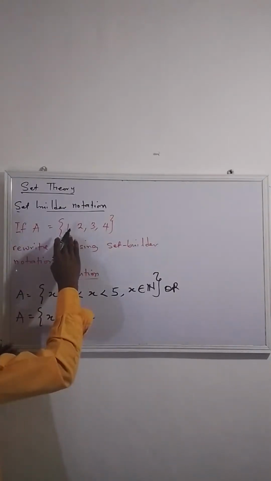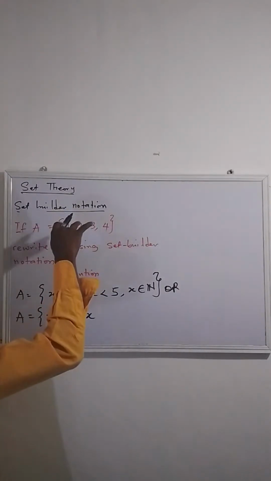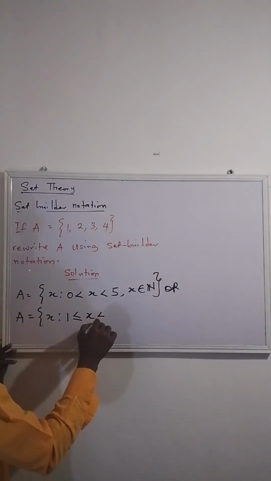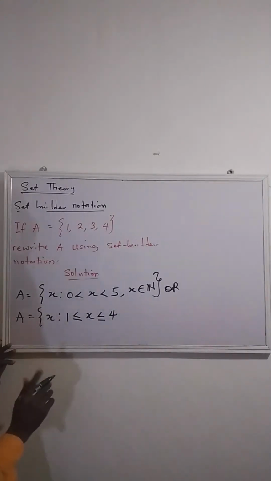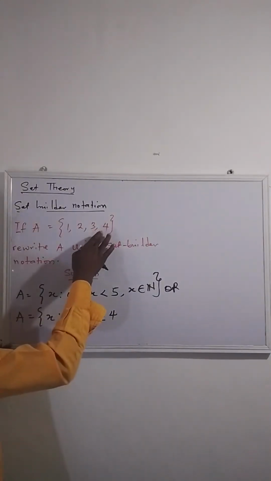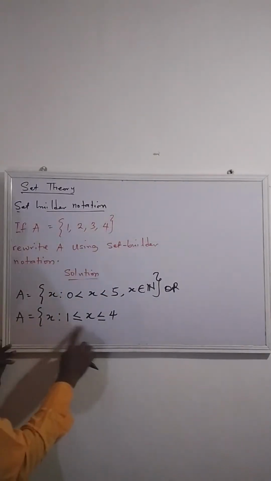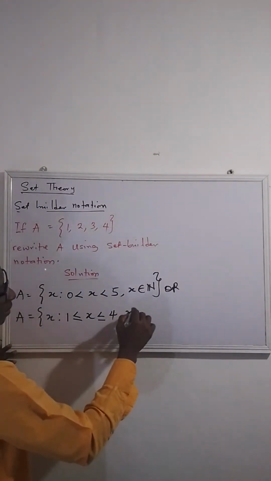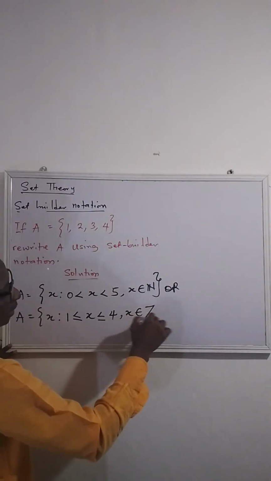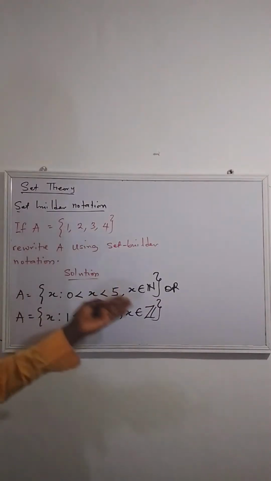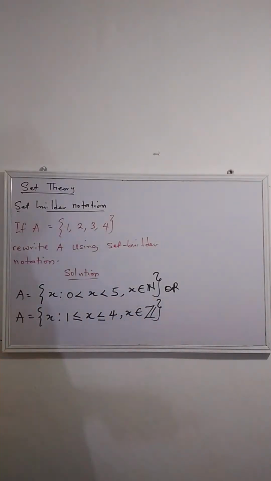That is less than or equal to all the numbers we have here, and it's also less than or equal to 4. You get that now? All of these are less than or equal to 4 itself. Alright, so you can write it this way, where x is an integer. You can use integer because they are all integers, so you can use integer or natural numbers.